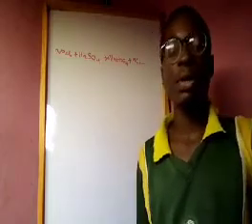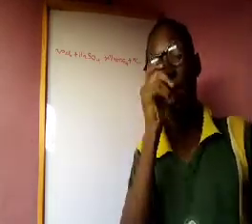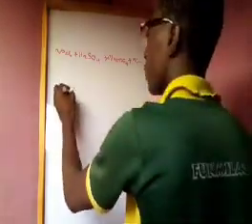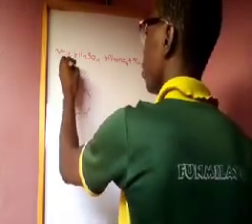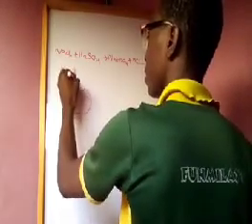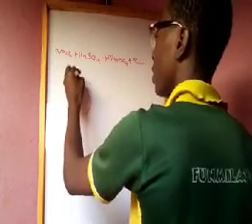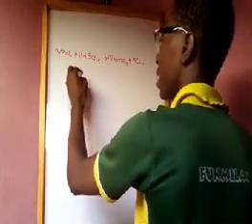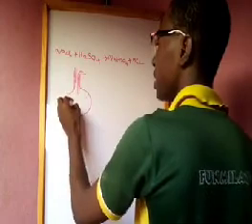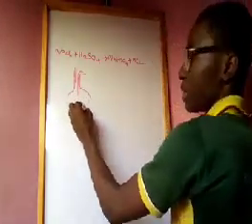Now let me draw the apparatus for this reaction. Basically what this entails is you have a beaker, and in this beaker you put some amount of tetraoxosulphate(VI) acid, and you add it to sodium chloride, which is ordinary salt.